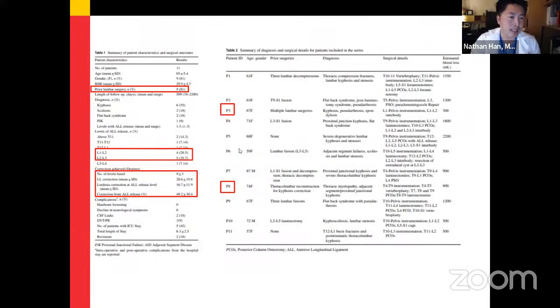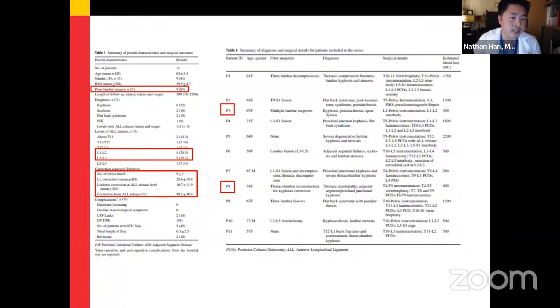This is our data of the demographics and the patient characteristics. Just highlighting a few aspects of the paper. Most of our patients in our series were prior lumbar surgery patients who already had lumbar fusions. And the levels at which the ALL release was most commonly performed were L1-2 and L2-3.